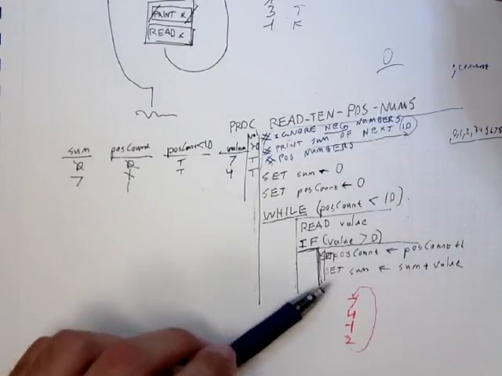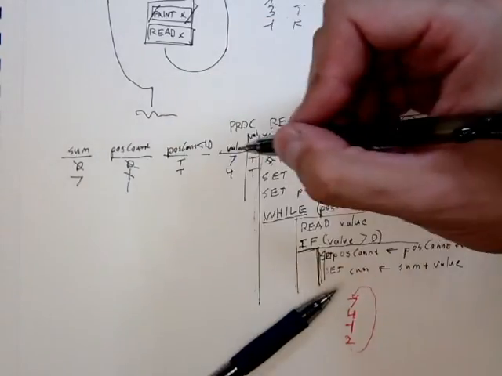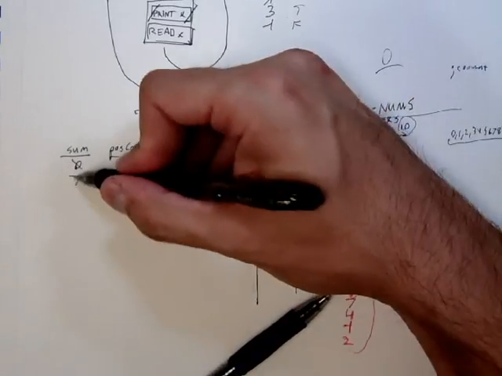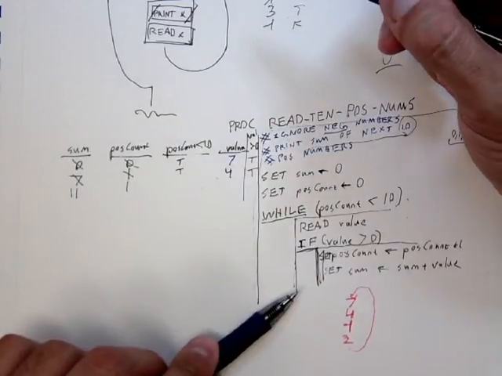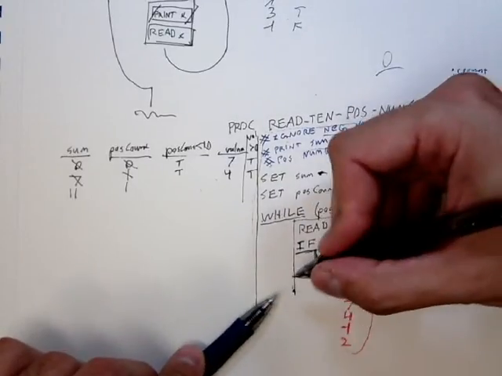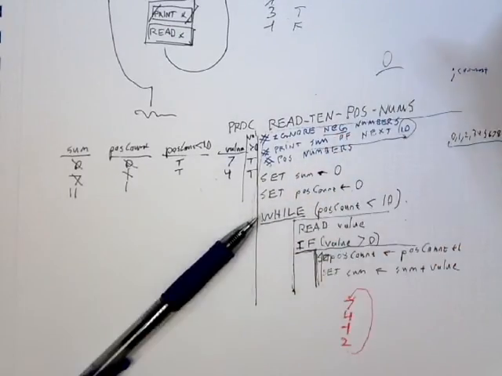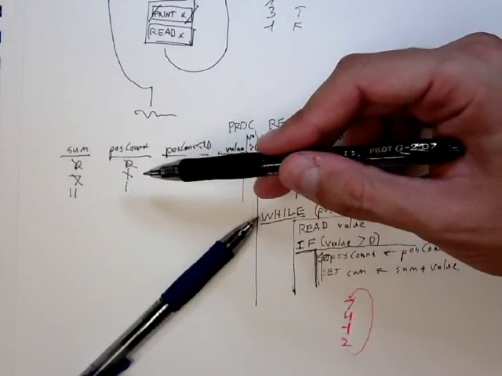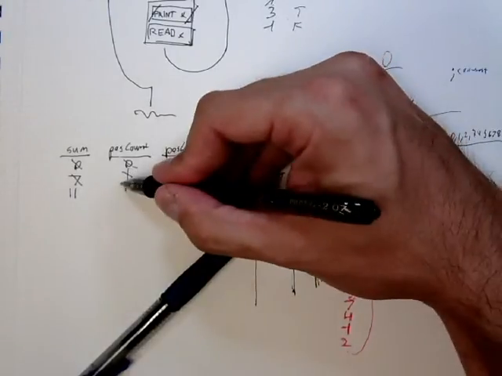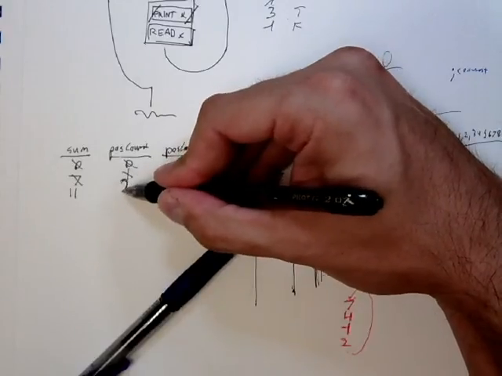And we're going to set sum equal to sum plus value. Value is 4, so sum becomes 11. We're out of that if statement, and we're back up to the top of the loop.